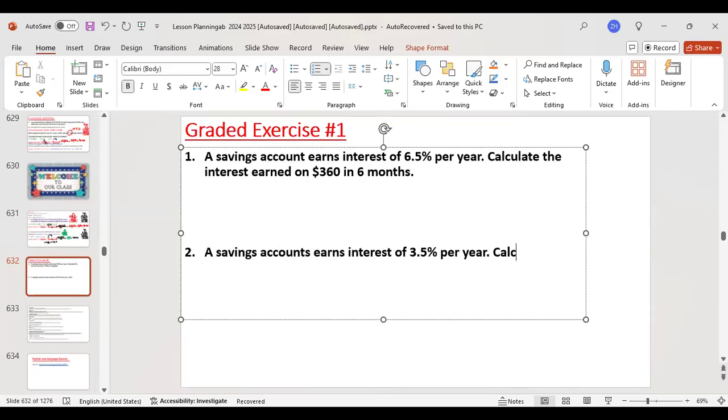Calculate the interest earned on $420 in 3 months.